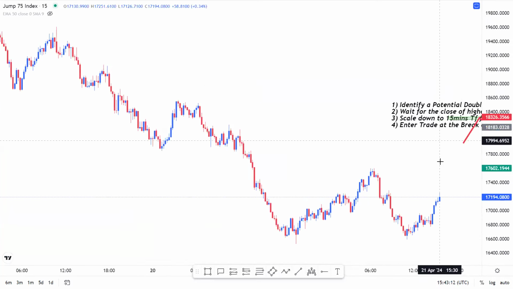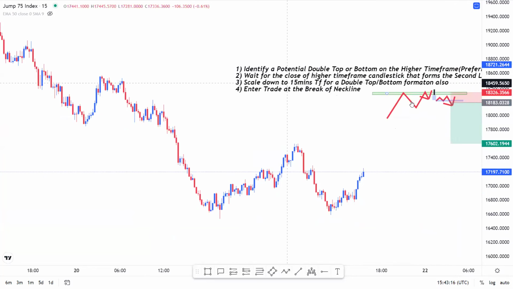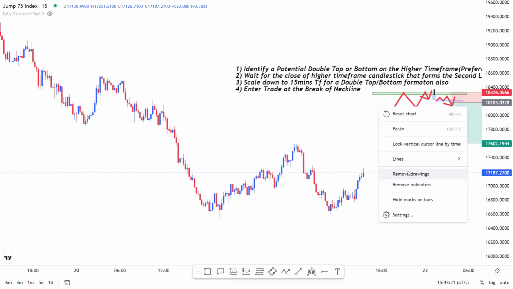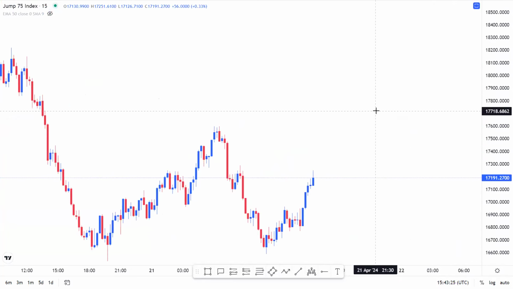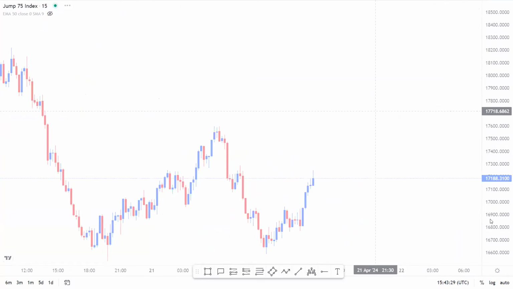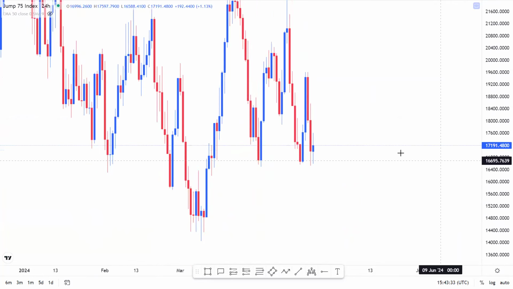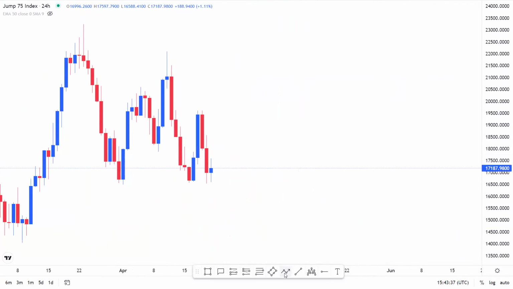Now, it gets even more interesting on Jump 75 index, owing to the fact that I had identified the nice reversal chart pattern from the daily time frame.